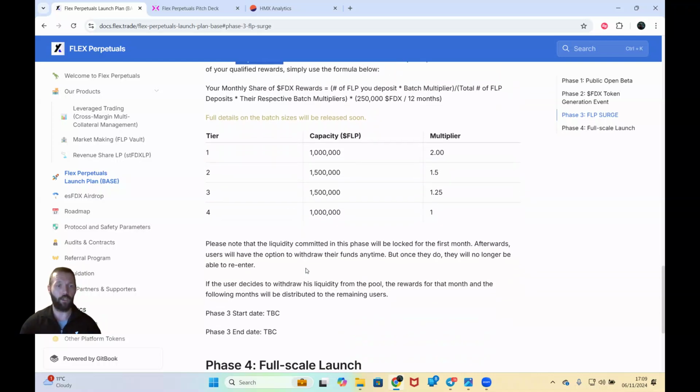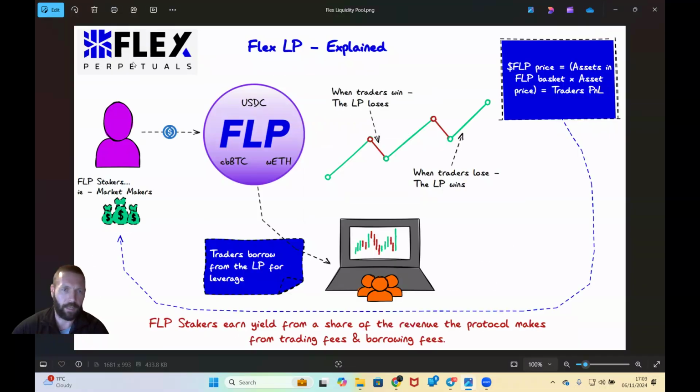So this is a really good opportunity for anyone that is interested in a token like FLP, where you've got this blue chip exposure plus the exposure to traders' P&L. Then this might be a really good opportunity for you to get in early and to get that bonus of ES/FDX tokens. And those ES/FDX tokens will also earn revenue share moving forward. So you're essentially just growing your earning power inside of the Flex ecosystem.